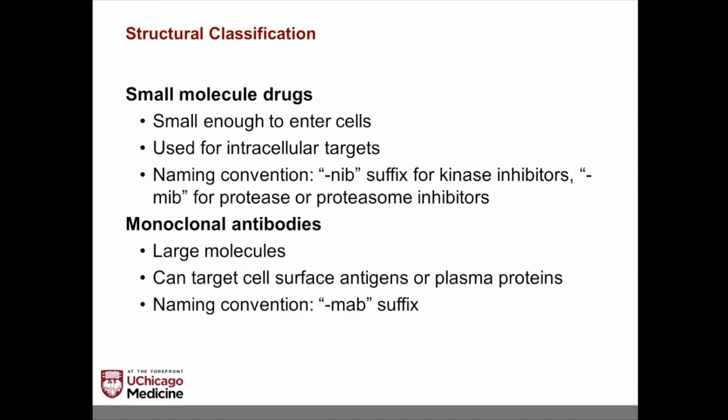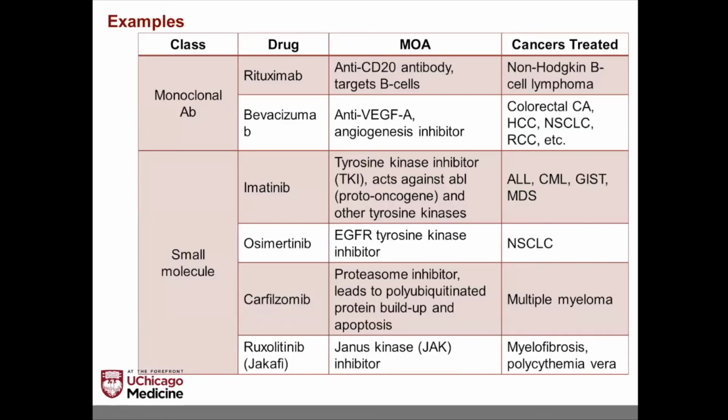There's a lot of interest in small molecule drugs because they're cheaper and they have preferred drug qualities, but they can be a lot harder to identify, because it is not as simple as cloning the protein or endogenous target of interest. Some that you've probably seen are the monoclonal antibodies rituximab and bevacizumab, which are anti-CD20 and anti-VEGF antibodies respectively, and then some of the small molecule inhibitors, all with common usages, but targeting specifically one or more receptors, with a different structure and organization type.